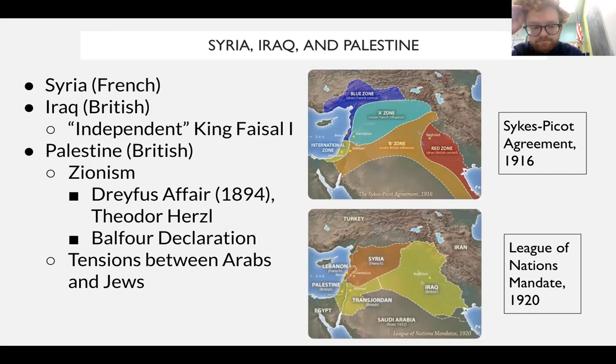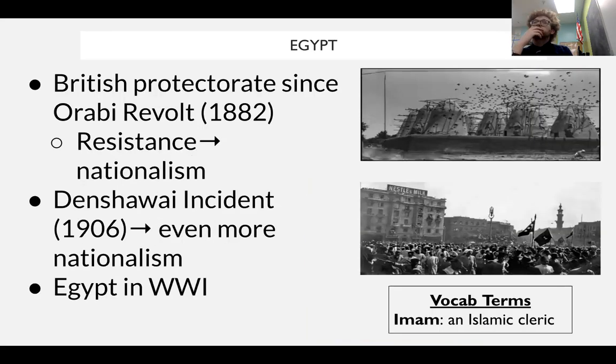There is. Let's turn our attention to a country that is going to achieve its independence and yet is still going to have a significant British presence. And that is going to be Egypt. What happens in Egypt? Well, Egypt is largely going to be a British protectorate ever since the so-called Arabi Revolt in 1882. So Egypt is going to be regarded as a protectorate of the British Empire.